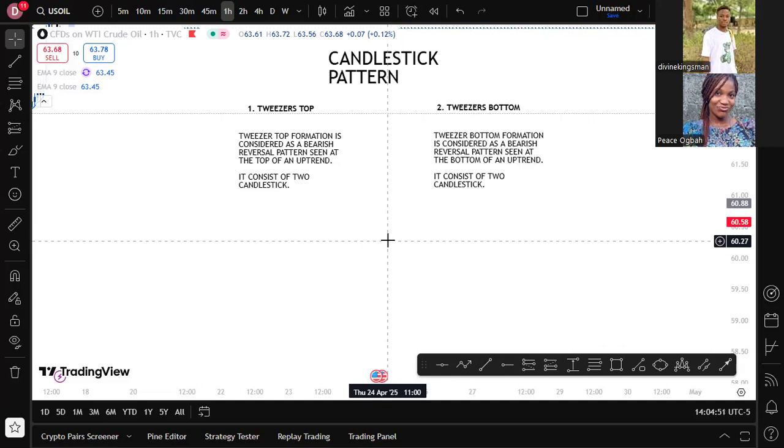Whenever you see this pattern occur at the top of an uptrend, where we're going up in price and then the tweezer top happens at the top, it indicates that a bearish reversal is about to happen. That means the price is about to change from going up to going down.